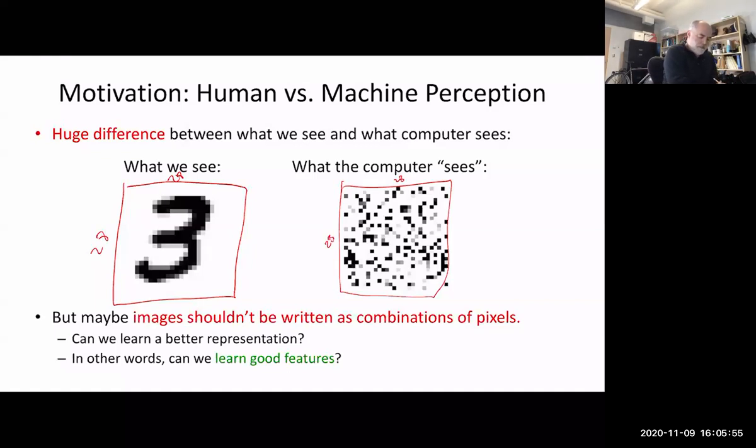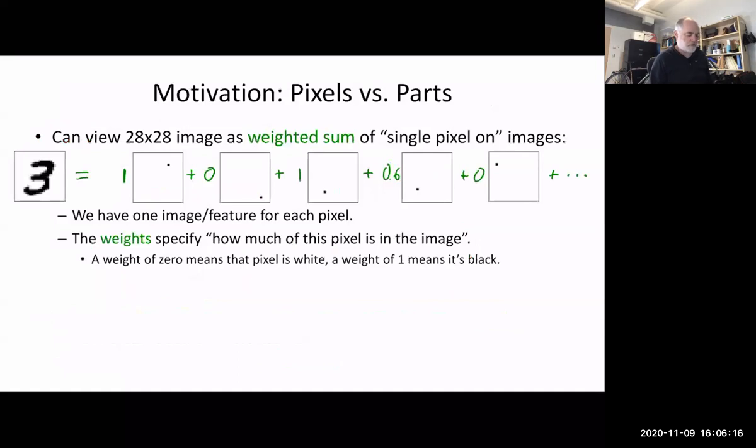But maybe if we want the computer to understand what's in this random matrix of grayscale values, we shouldn't just make it treat it like a combination of pixels, right? Maybe we want to learn a better representation. We've talked about this a bunch. We want better features. So how do we learn better features for whatever downstream task?